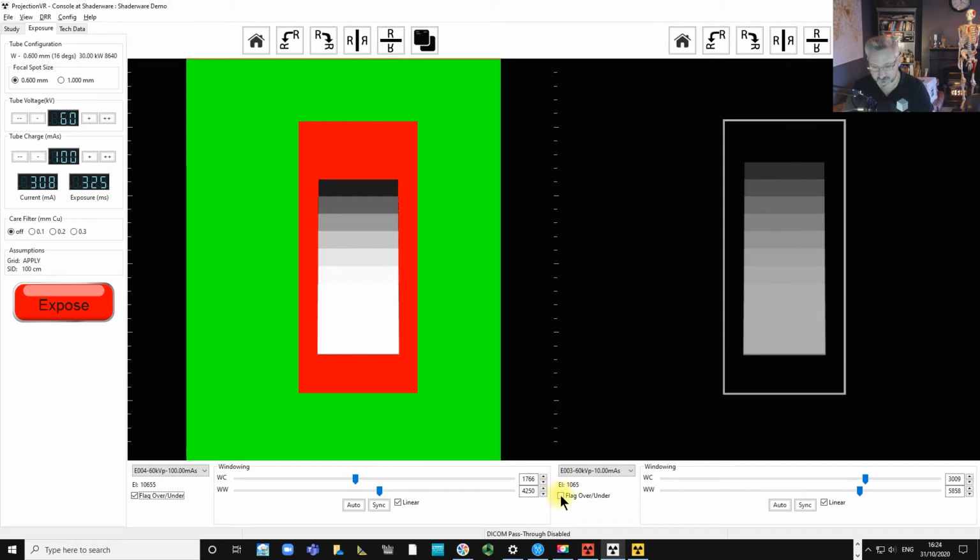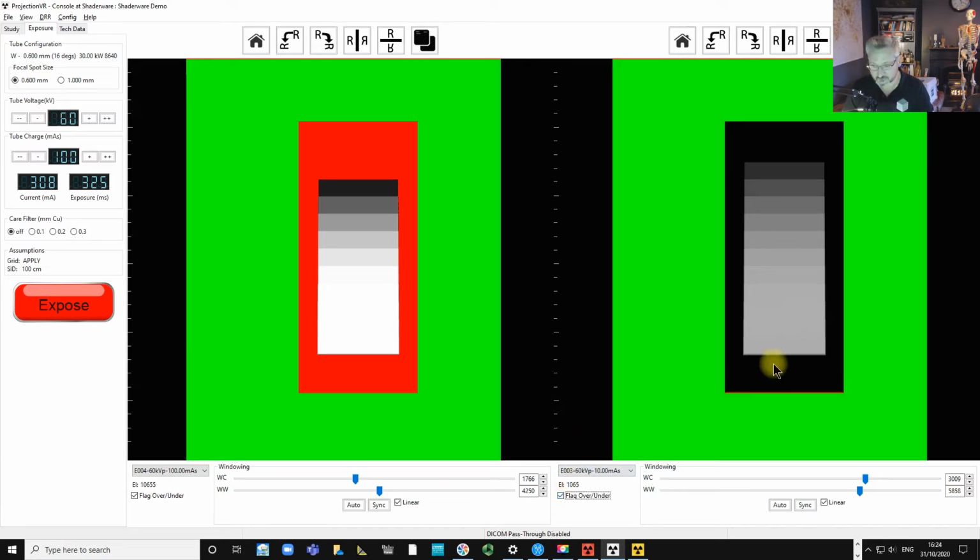If I use that on the other image, which had 10 times fewer photons, then there are no pixels in this image which have reached the maximum value. Once you get maximum pixel values, then you're losing clinical information. So if there was something lying in the black areas of the image, then we wouldn't be able to resolve them. Whereas here, we would be able to resolve the black areas of the image.